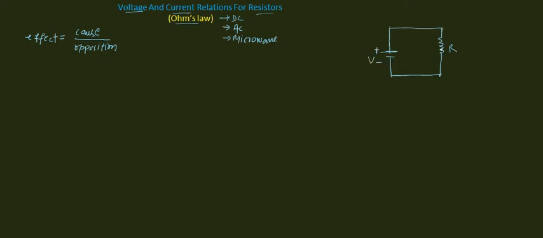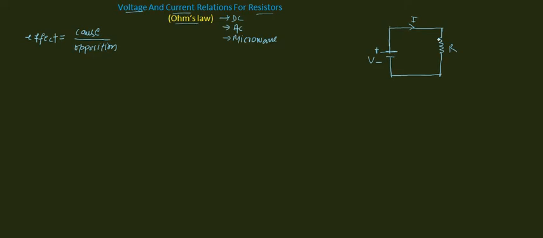As we connect the resistor across the terminal of this battery, the current will flow in this conducting wire from the positive terminal through this resistor and goes toward the negative terminal of the battery.